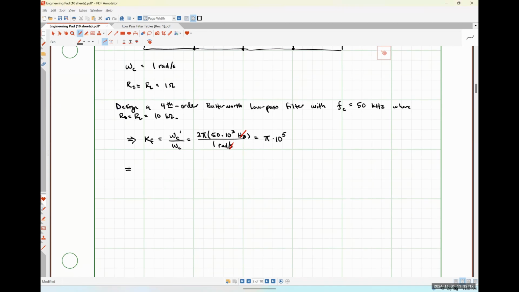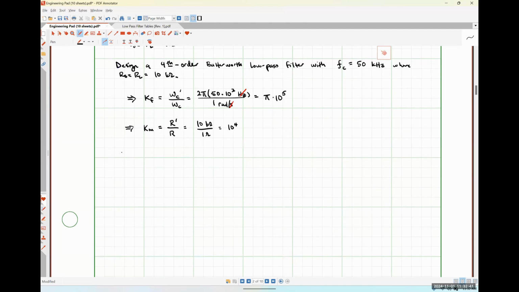Our magnitude scaling coefficient is most easily figured out by looking at our resistance, right? So our resistance after scaling over our resistance prior to scaling gives us our magnitude scaling factor. So this is 10 kiloohms over 1 ohm, a factor of 10 to the 4.